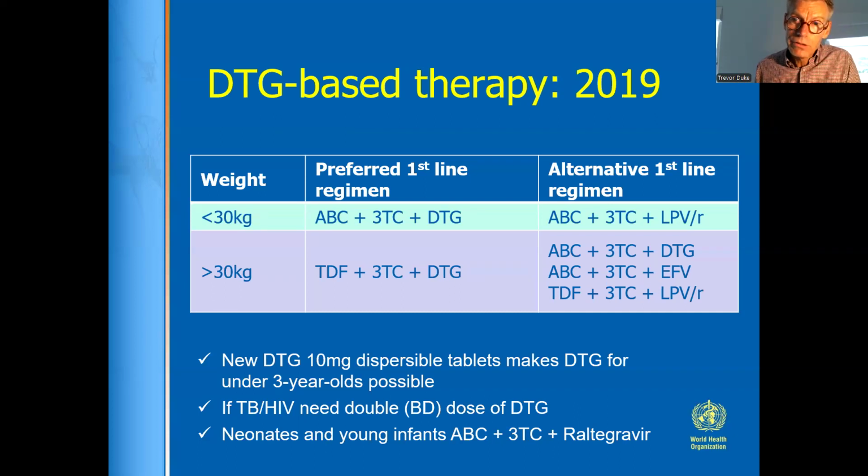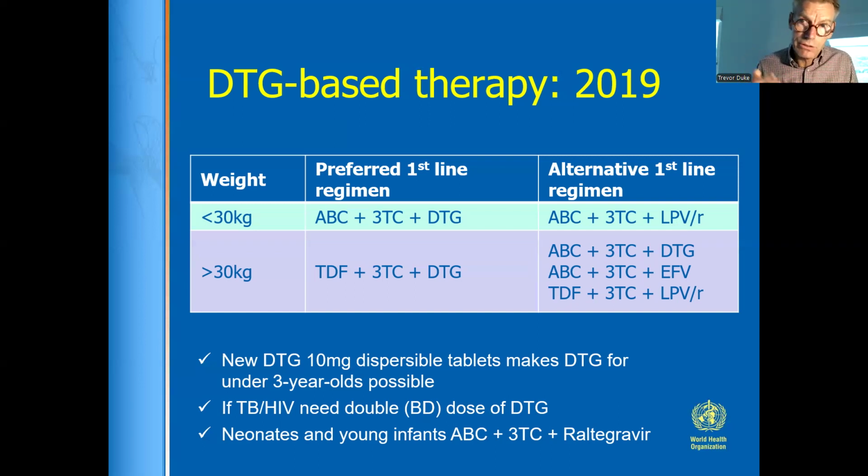As I said, the new DTG 10 milligram dispersible tablets make DTG appropriate for under 3-year-olds. Before that, it wasn't possible for them to have DTG-based regimes. If a child's got TB and HIV, then you need to double the dose of DTG while the child's on anti-tuberculous therapy, because of the effect of the anti-TB drugs on DTG levels.